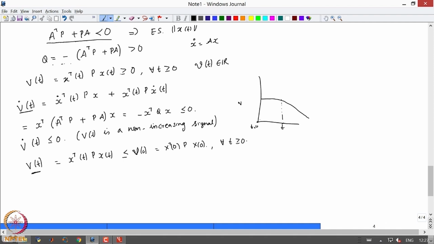Okay. How did we prove this? We proved this by just taking the derivative of v along the system trajectories and assuming we know that this is true. So the idea here is to show that satisfaction of this kind of a matrix inequality leads us to exponential stability.